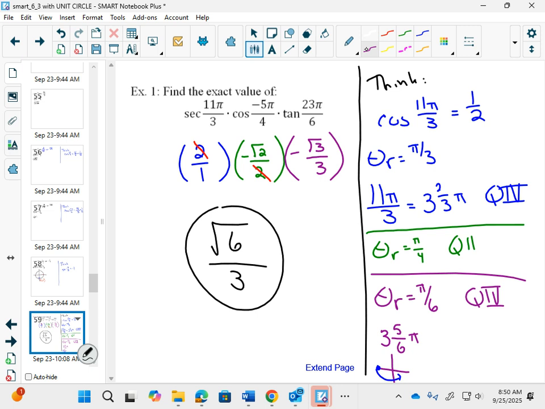There is a fair number of these on the multiple choice in your take-home quiz, where you have to do your unit circle for individual things, and then put your answers together to get a final answer. If you know your pie plate on the final exam, these are easy questions to get full marks on.